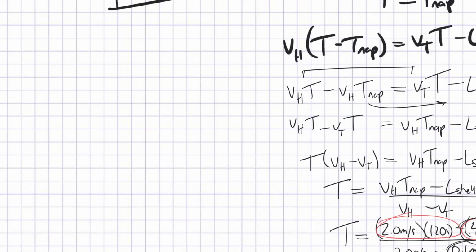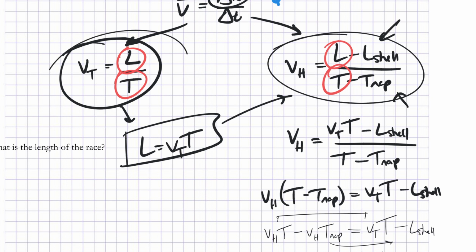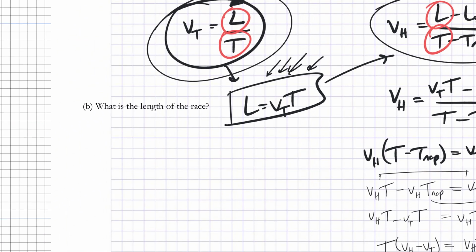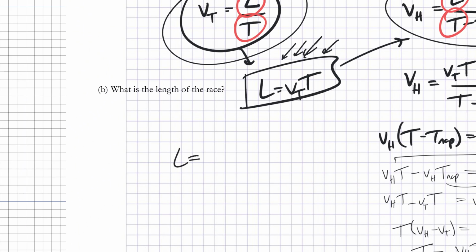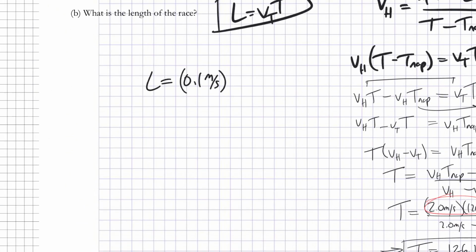So if I want to know the length of the race, I'm going to go up here and choose whichever one of these I think is easier. I'm going to choose this one. That's the easiest one for getting the length. So the length of the race is velocity of the tortoise, 0.1 meters per second, times the time I just solved for, which was that 126.10 seconds.